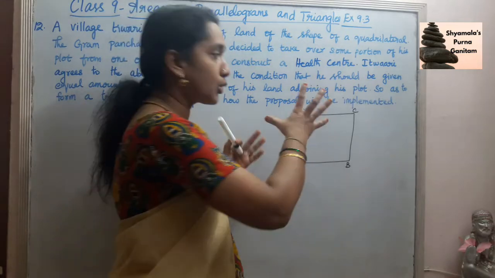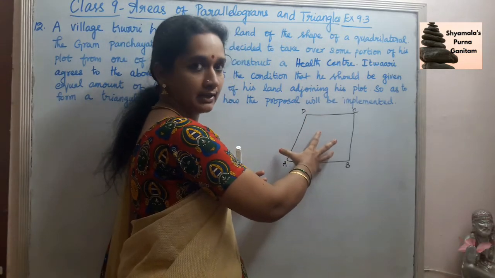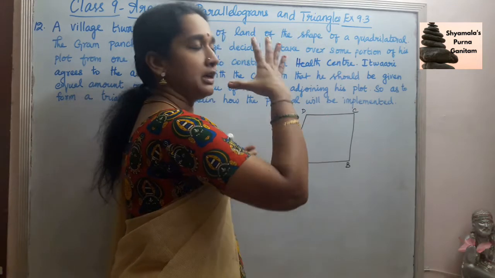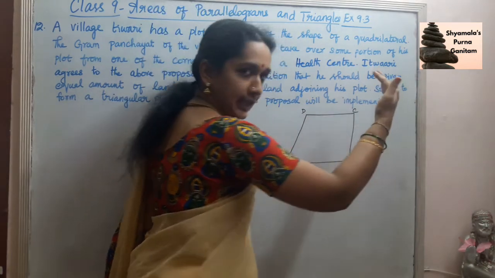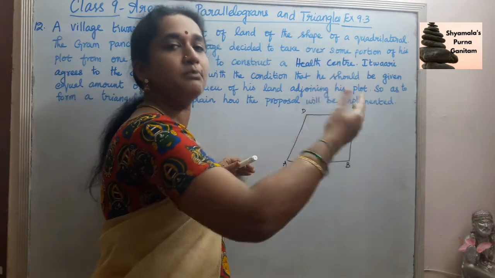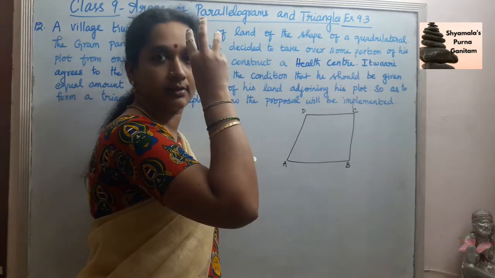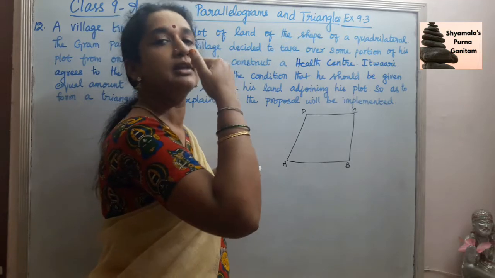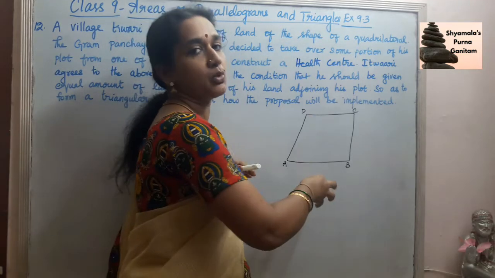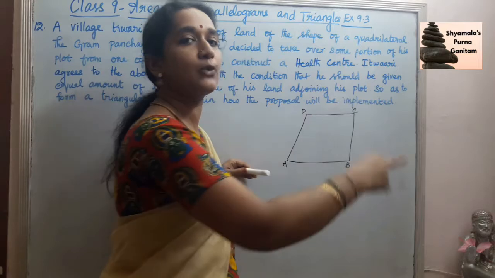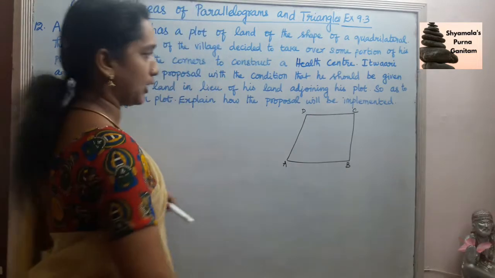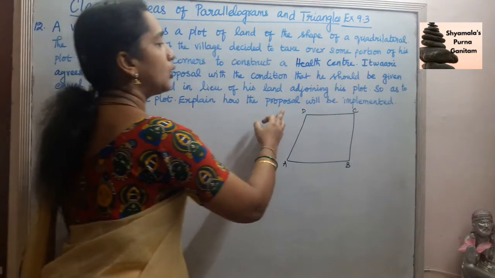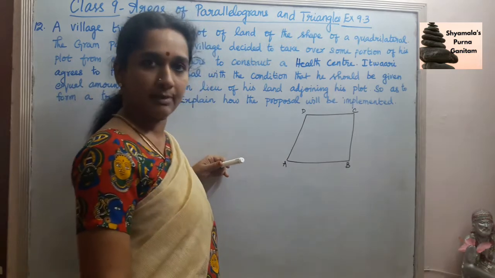Understood? The area of the part removed has to be given to the quadrilateral shaped field such that it forms a triangular plot. Explain how the proposal will be implemented.